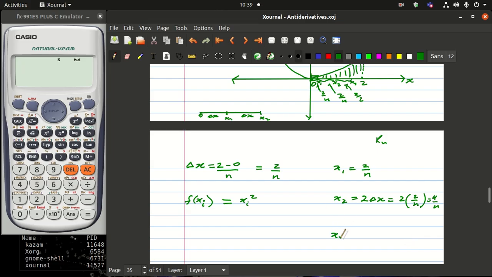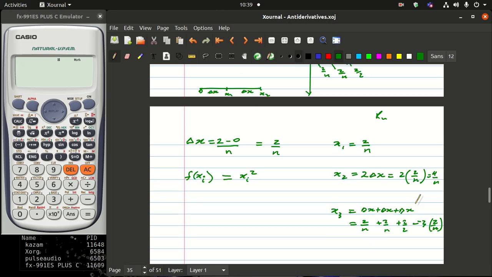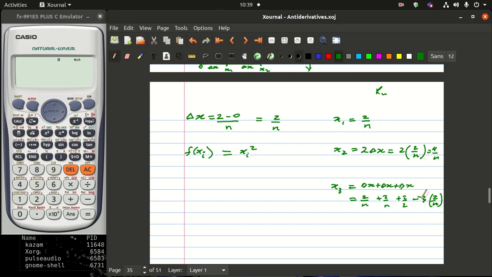When you're going to x3, this is delta x plus delta x plus delta x, which is 2 over n plus 2 over n plus 2 over n, the same as 3 times 2 over n. I hope you can see that x1 is 2 over n, x2 is 4 over n, or 2 times 2 over n, and x3 is 3 times 2 over n. That is what I want you to realize here.